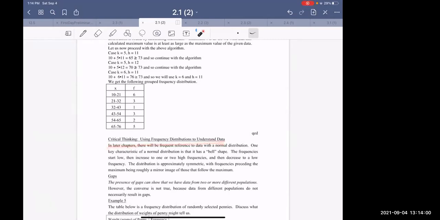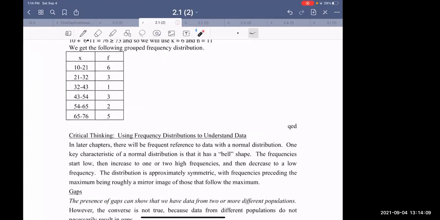Okay, so let's use our frequency distribution to understand data. So let's see if I can look at a frequency distribution and figure out what's happening. So many times the distribution has a bell shape.